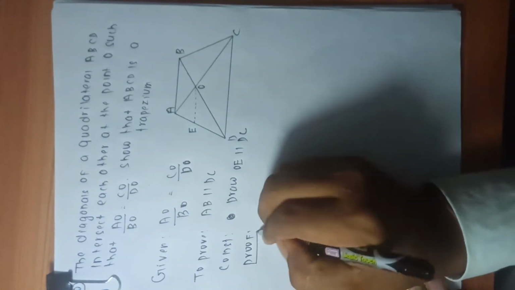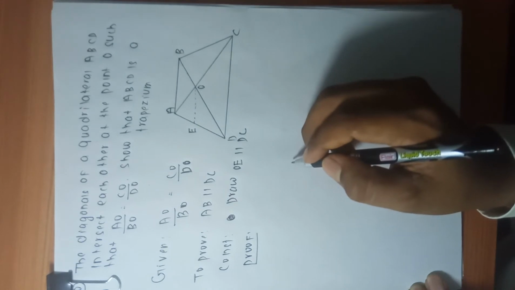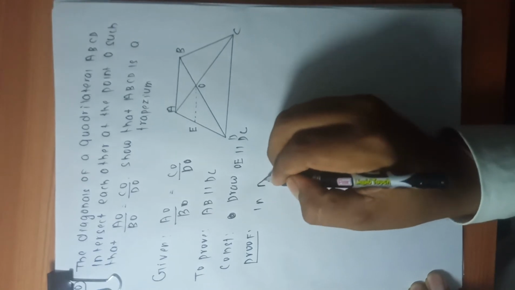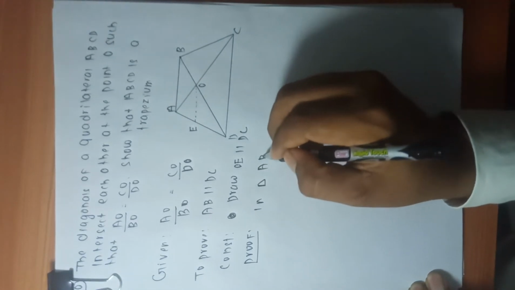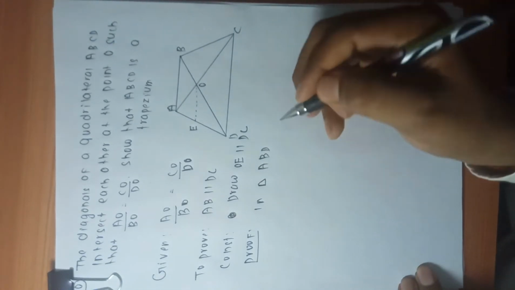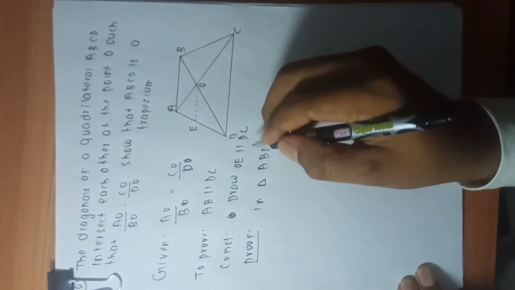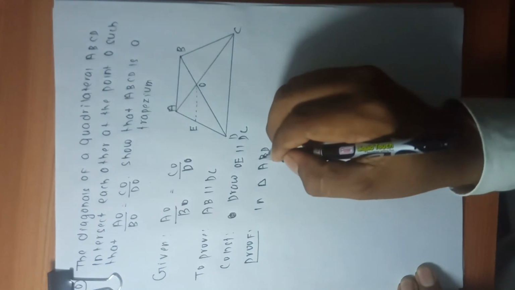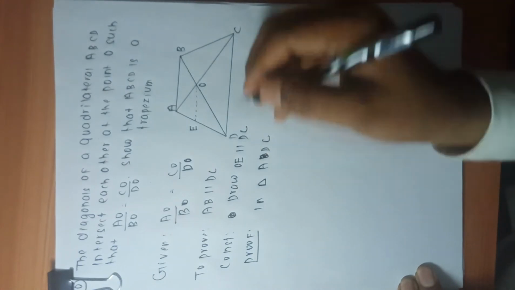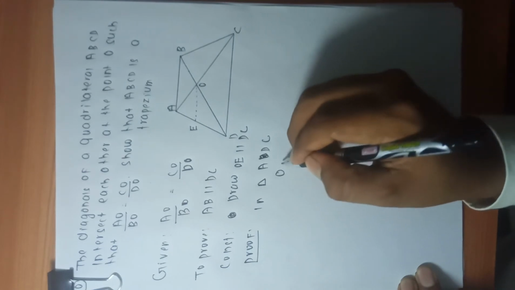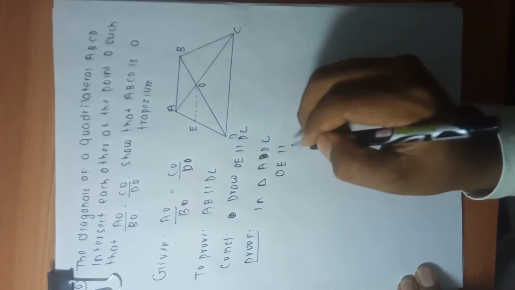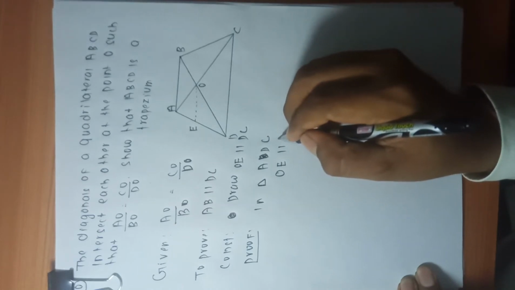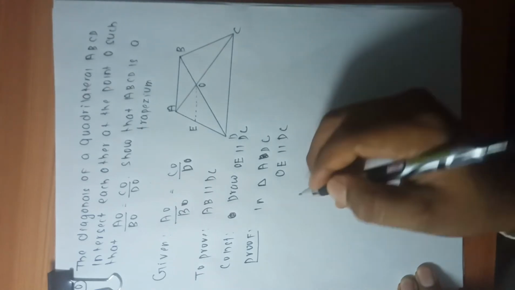We have a parallel line, so we can apply the basic proportionality theorem. We take triangle ABD, and OE is in triangle ADC. Here, in triangle ADC, OE is parallel to DC by construction.